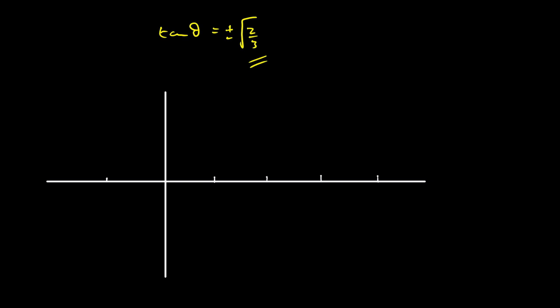So how do we plot the graph of tan theta? The key thing to know is that we have asymptotes at plus and minus 90 degrees. So we've got an asymptote at -90 and at +90. Like that. And the tan wave looks something like this.